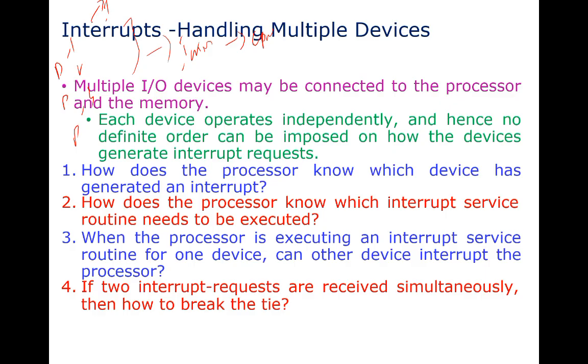Why do we need priority? The processor cannot simply select any interrupt, because all interrupts may not have the same importance or urgency. If the processor is connected to multiple devices, such as a secondary memory device, Arduino boards or output devices, it needs to decide which to prioritize.